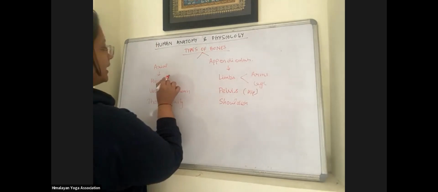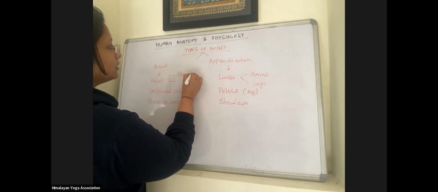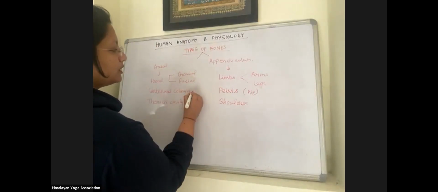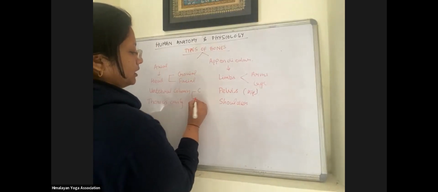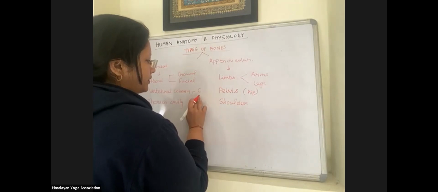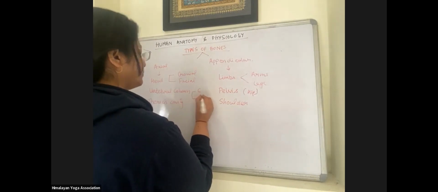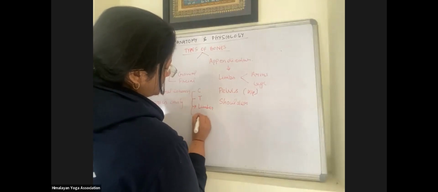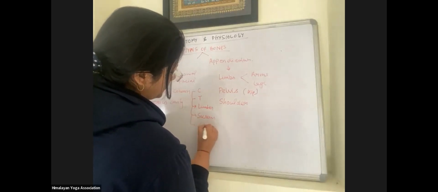The head is again divided into cranial and facial. Vertebral is divided into cervical, thoracic, lumbar, sacrum, and coccyx.